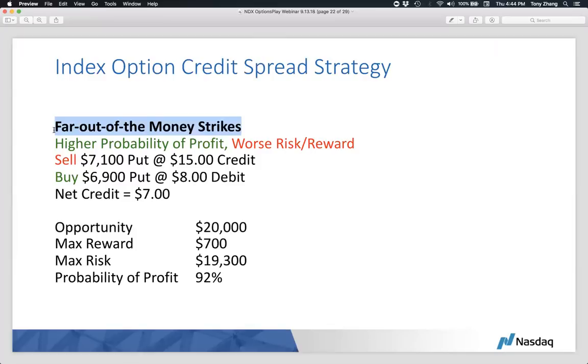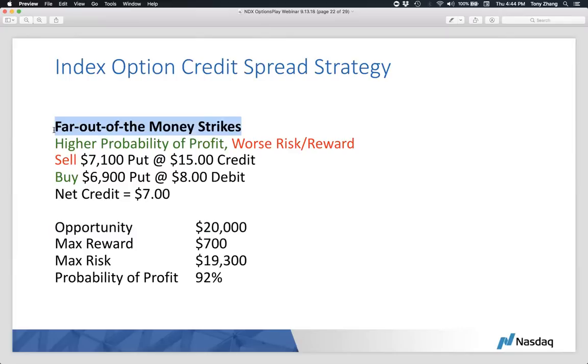We actually saw a trade yesterday of a little over 400 contracts on NDX, where someone risked about $8 million to collect about $100,000 in premium. And that trade had about a 98% probability of profit.